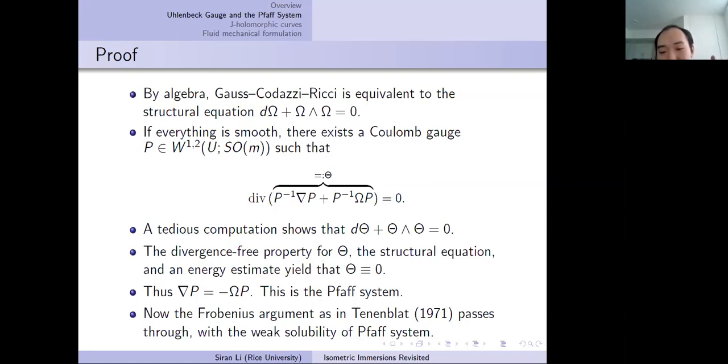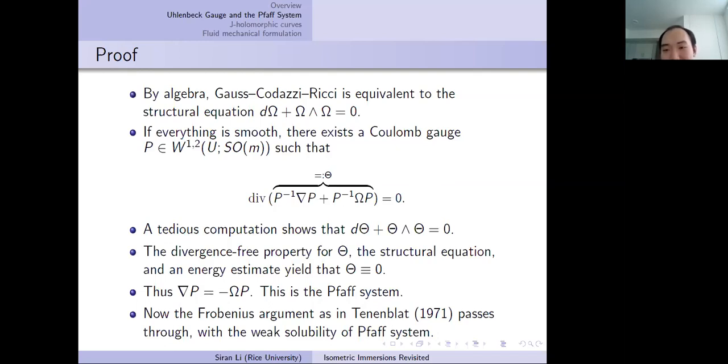The Pfaff system is actually the crucial ingredient in the existence result shown by Tenenblat, using only the Frobenius theorem. So we can replace the Frobenius result with this Pfaff result, and in this case we can get the existence. So I'm sketching the proof that if the Gauss-Codazzi-Ricci equations or the structural equation is satisfied, then there exists a W^{2,2} isometric immersion.